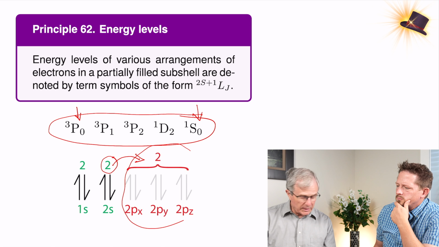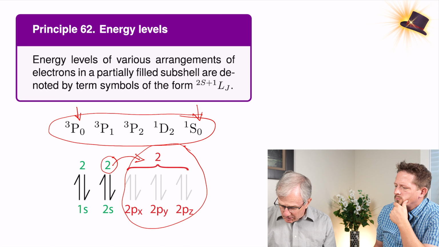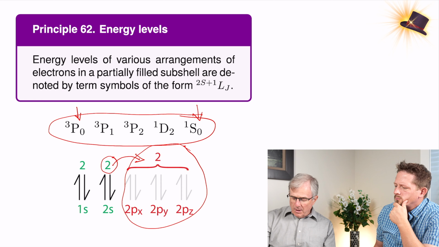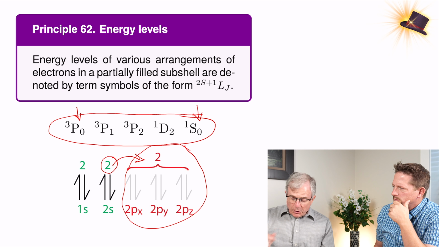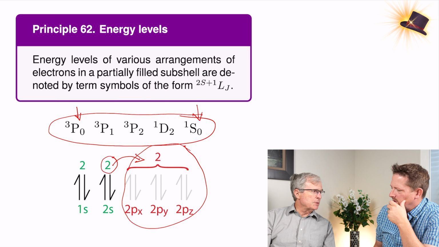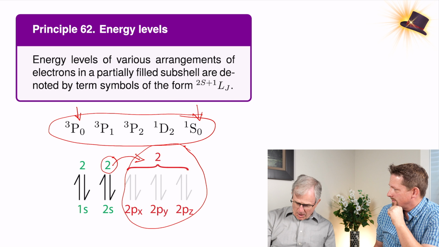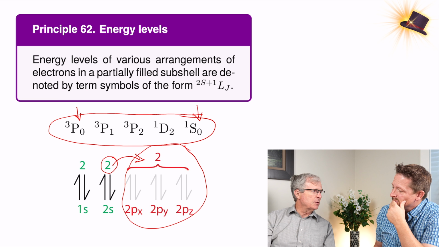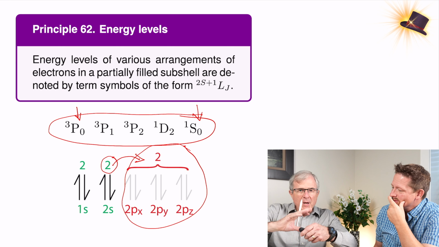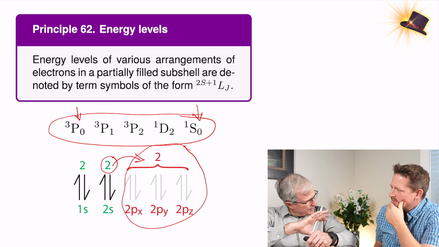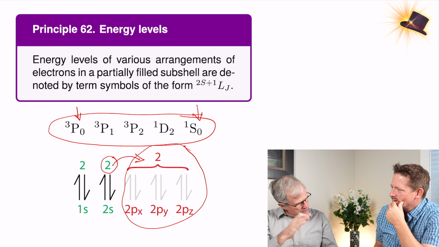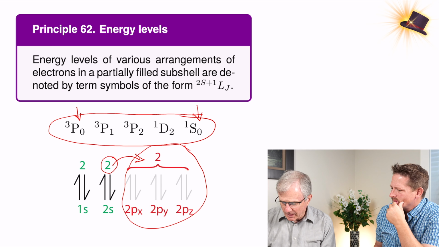Here we're not talking about that. These 2 electrons in the 2p subshell all have n equals 2. But it's just the different amounts of overlap between the wave functions that determine the slight differences in these energies.